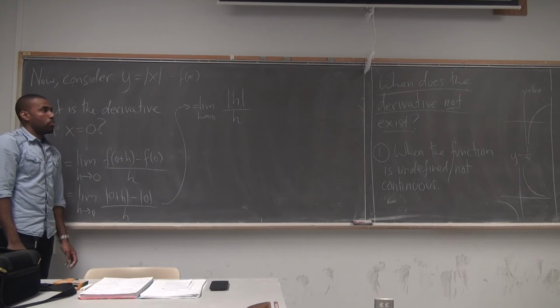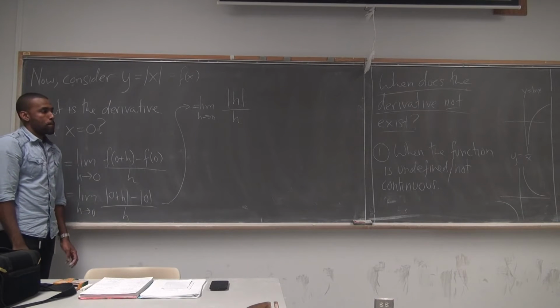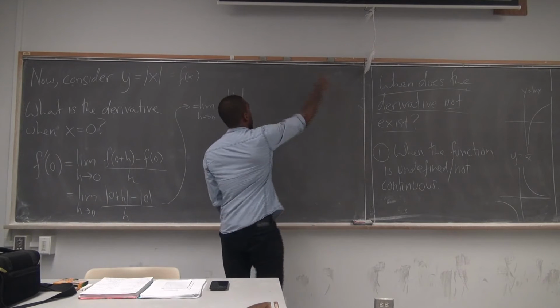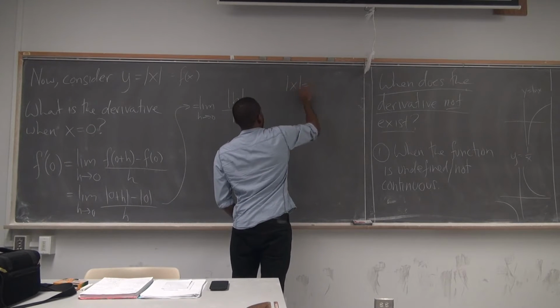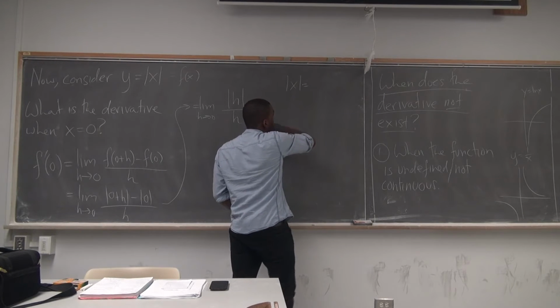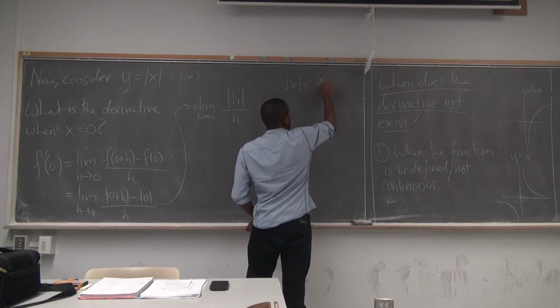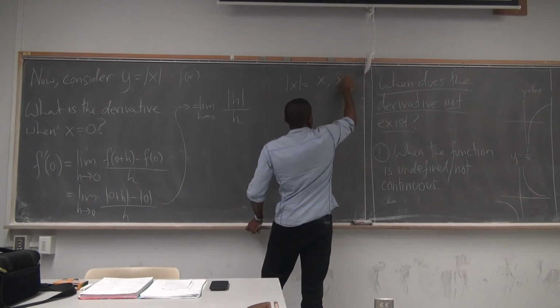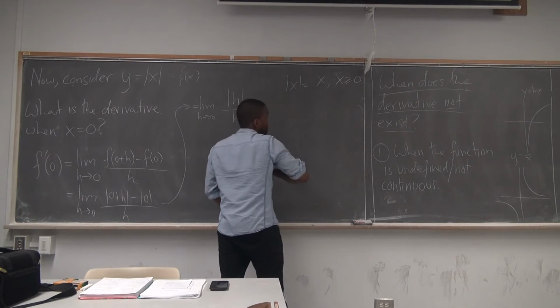It's not going to be 1. What is absolute value of x equal to? Okay, when is it positive x? If x is greater than or equal to 0, the absolute value gives you x.